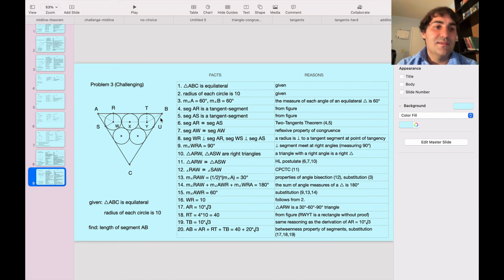I thought about this, and how could I relate this to a real world problem? I thought about a boat that's floating in the water, and you place these logs that have a circular cross section, and then you stack them up like that so they fit inside the boat.